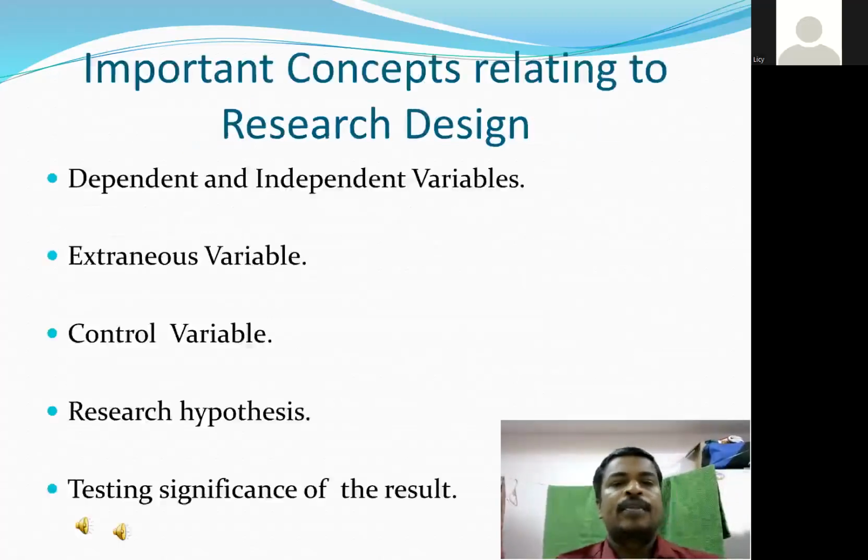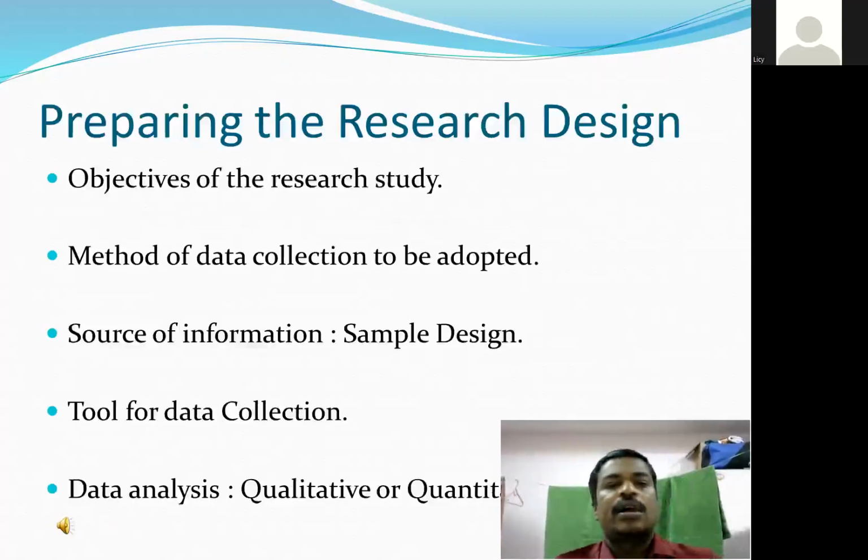And then important concepts related to research design: dependent and independent variables, extraneous variables, control variables, research hypothesis, techniques, testing and significance of the results, and how to prepare a research design.